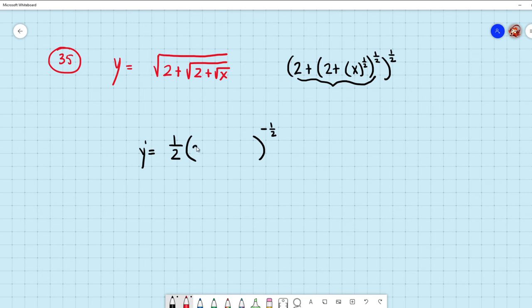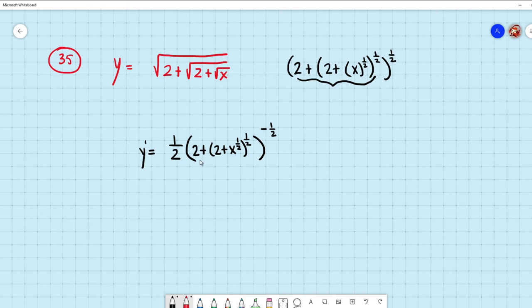So this would be that 2 plus x to the 1/2, and all that was to the 1/2. So 2 plus, and then all this was to the 1/2, like so.